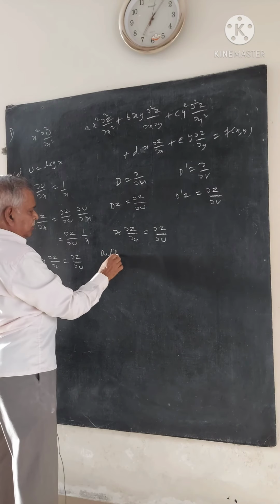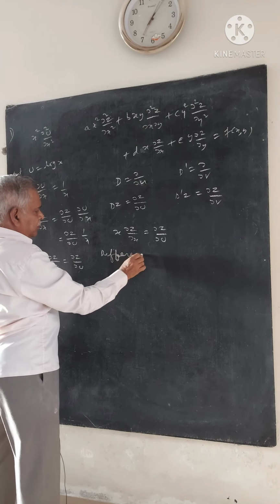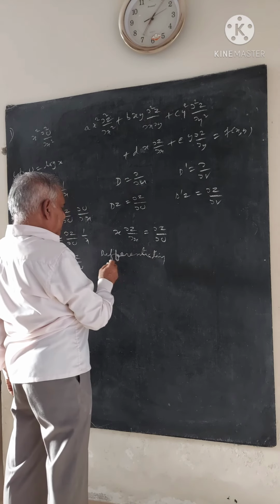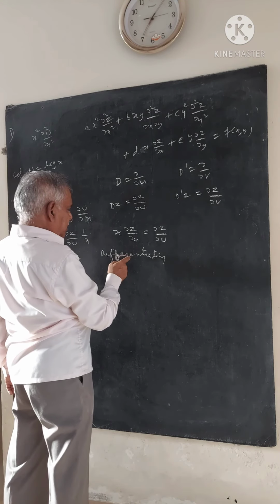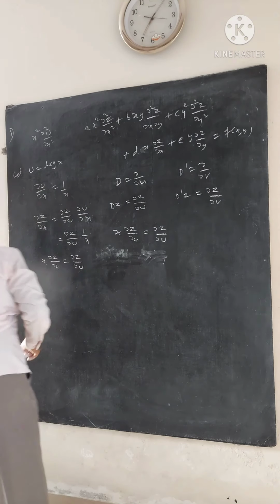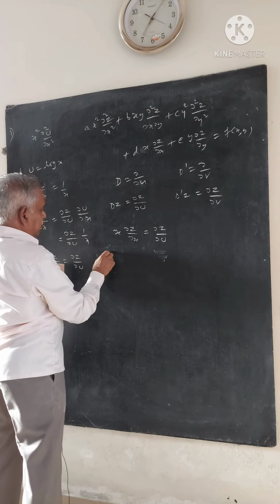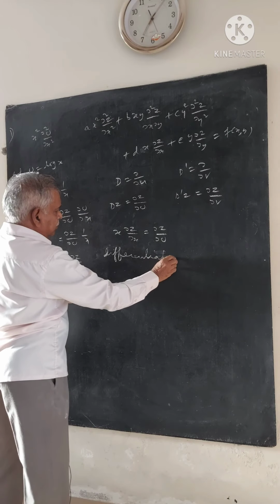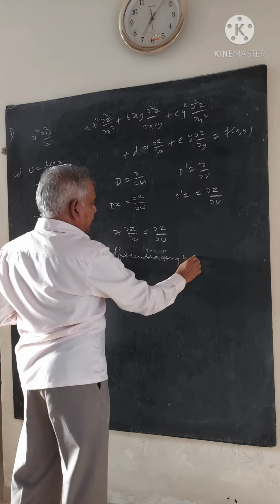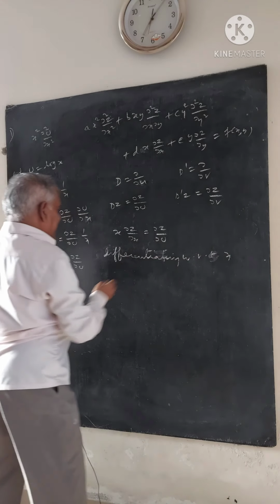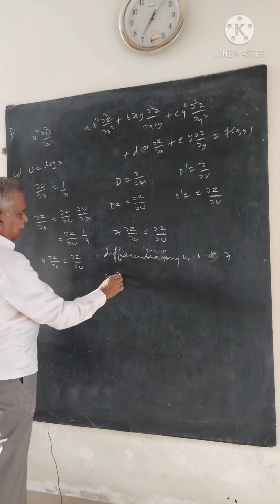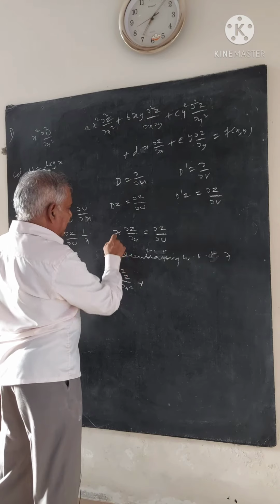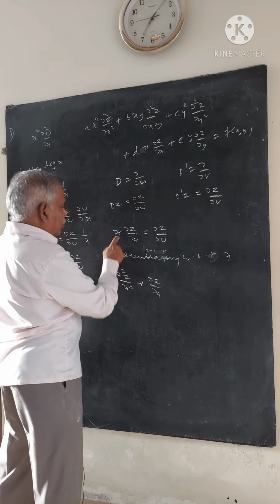Differentiating with respect to x, we get x ∂²z/∂x² from u to v form. Differentiating x gives 1, times ∂z/∂x.